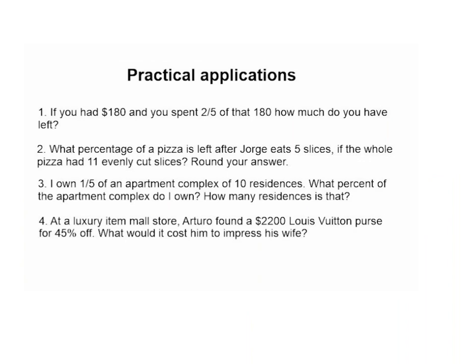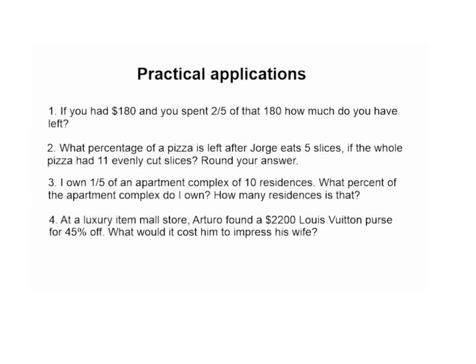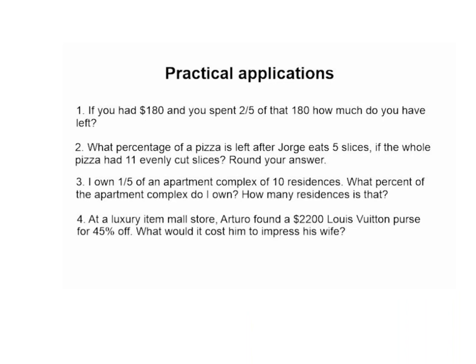Here are some story problems, which, unfortunately, because who likes story problems, is the primary way that you get a lot of percents, decimals, and fractions. It says, if you had $180 and you spent 2/5 of that 180, how much do you have left?